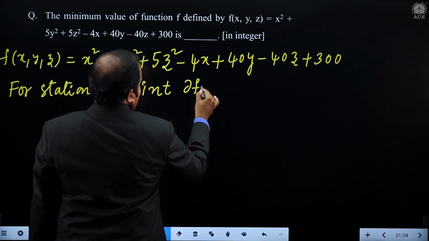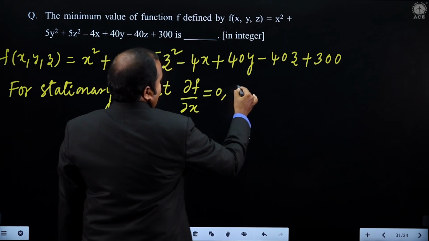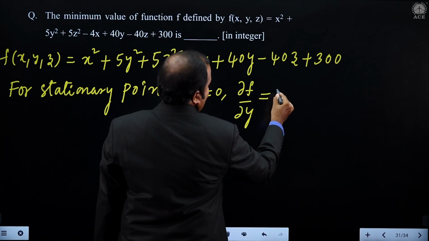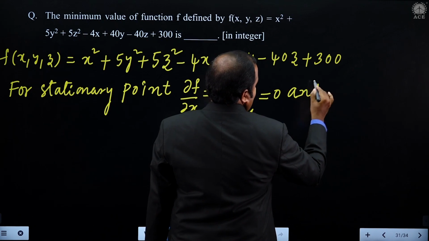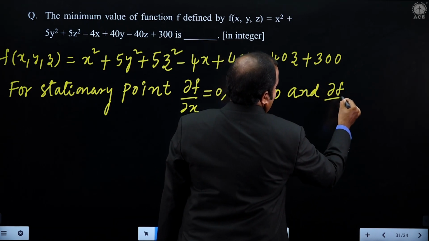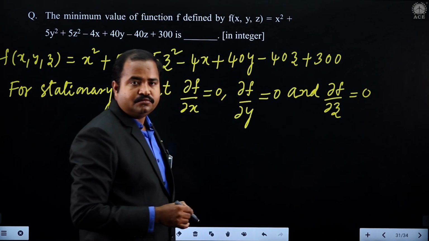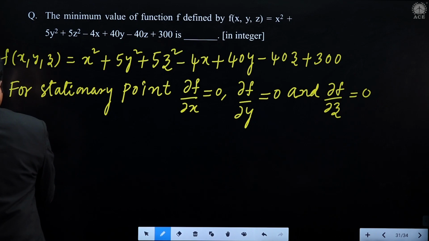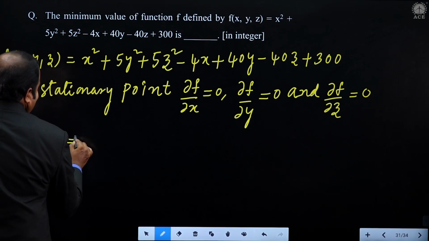dou f by dou x equal to 0, dou f by dou y equal to 0 and dou f by dou z equal to 0. So dou f by dou x equal to 0, that is the partial derivative of the function with respect to x.